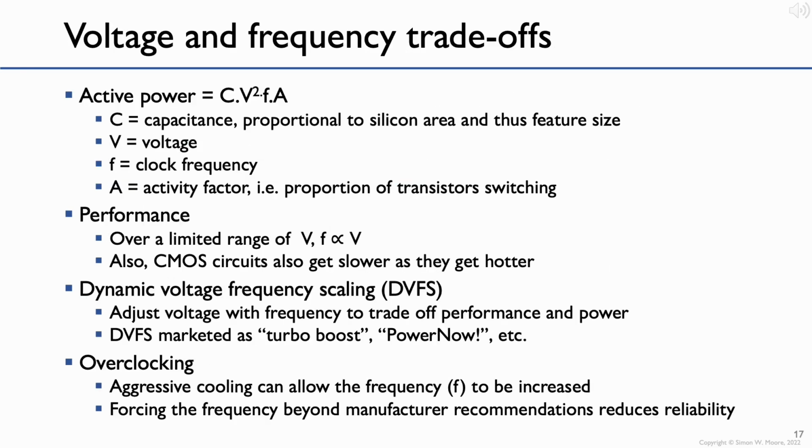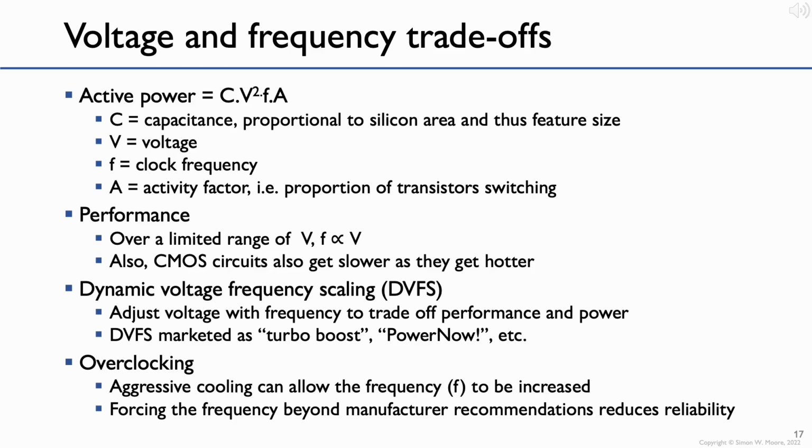Another control knob we have is the voltage that the device is running at. The actual active power of the device is proportional to the capacitance, which is basically proportional to the silicon area and thus the feature size, multiplied by the voltage squared. Okay, and that square, of course, is very important.